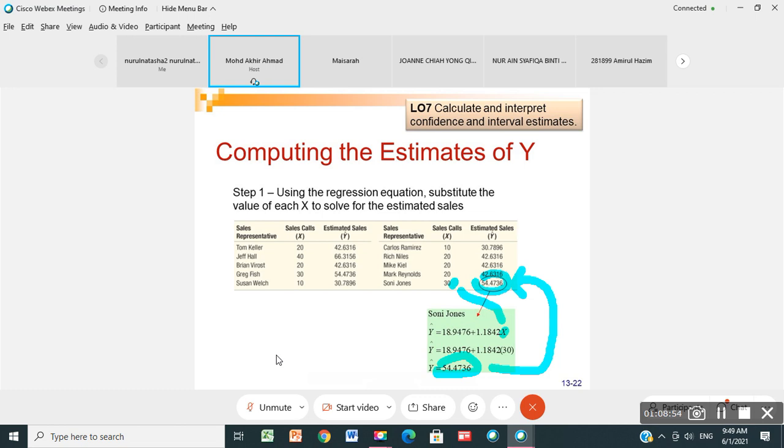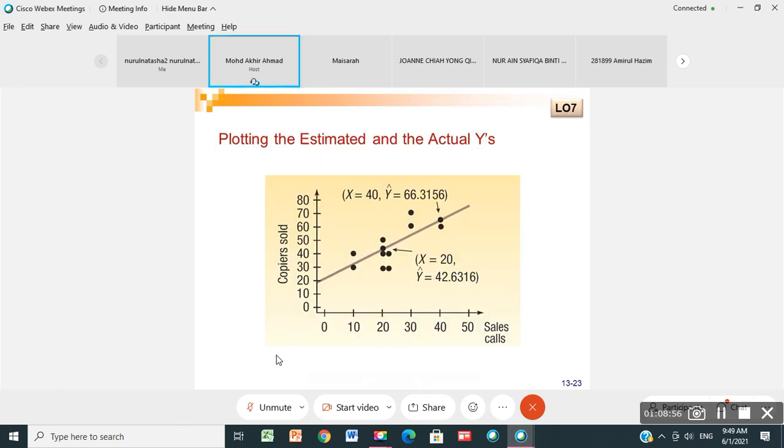Okay, then we do the line regression. Based on this point, x equal 20, we get y equal 42. Then the one here is x equal 40, y equal 66.31. So we fit this line, and it becomes like this.